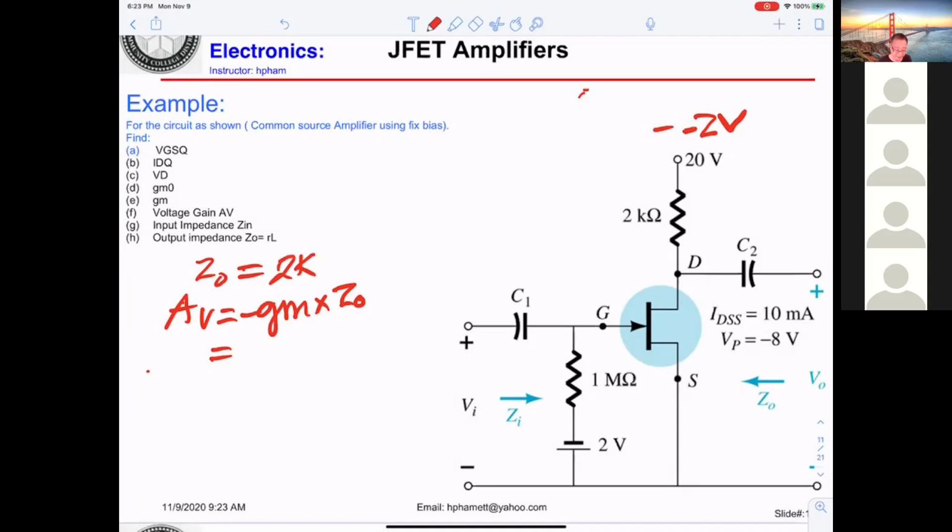You say minus, I have the same, 3.75. Can you tell me again? It's minus 1.875 times 2K. What's the answer? Minus 3.75. Okay, minus 3.75.